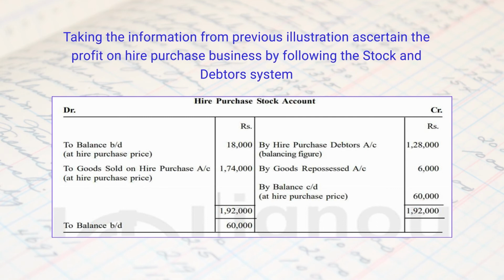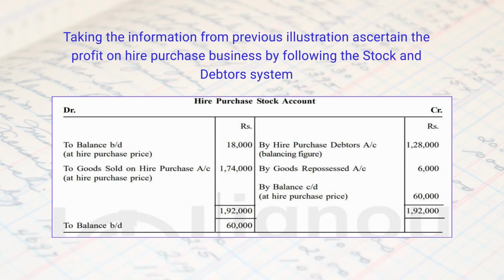Now, come to this side, this is by goods repossessed, it is 6,000. So, 6,000 is the hire purchase price and 3,000 is the cost price. Then by balance c/d, it is the closing stock.